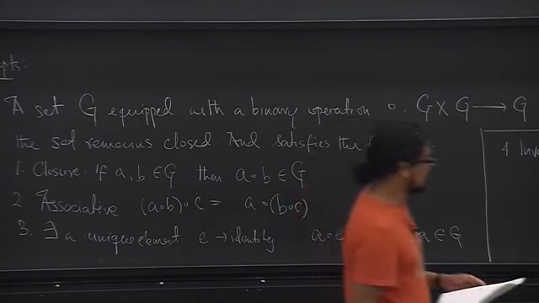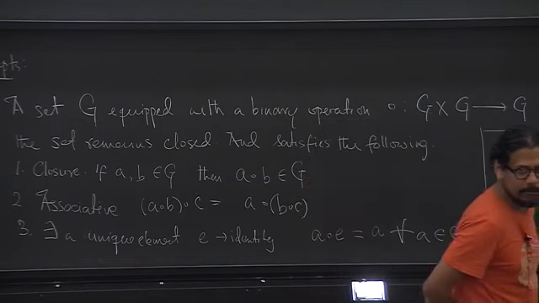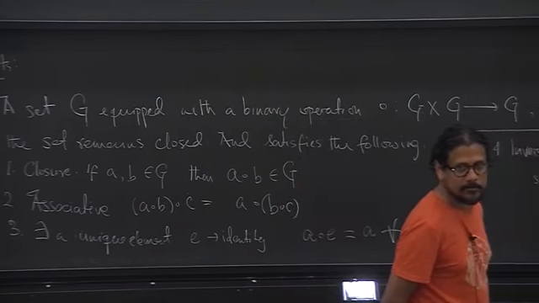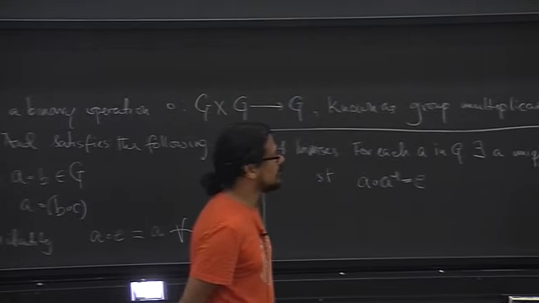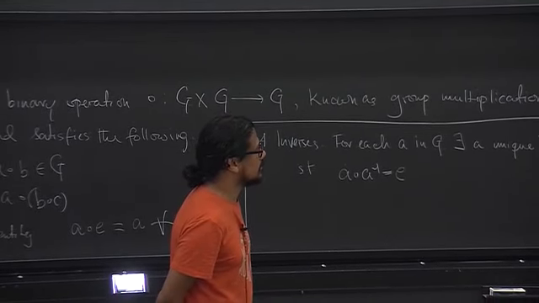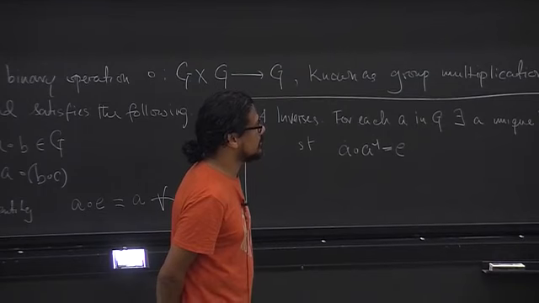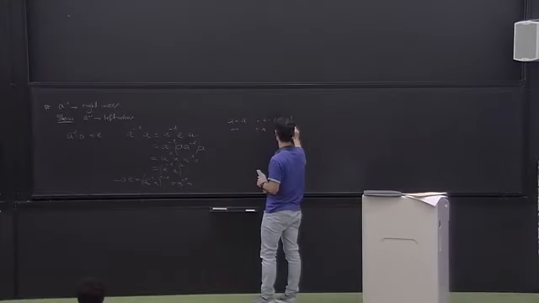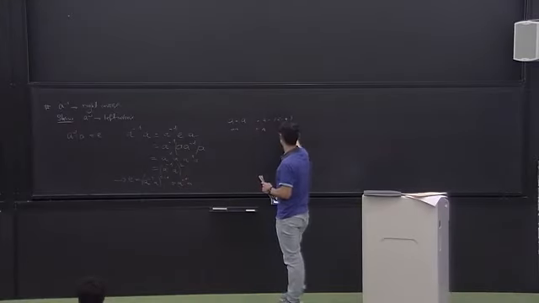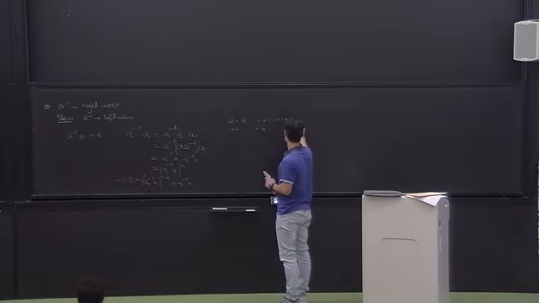You can just call the A on the rightmost A minus 1 minus 1. Then you get A equals A minus 1 minus 1.